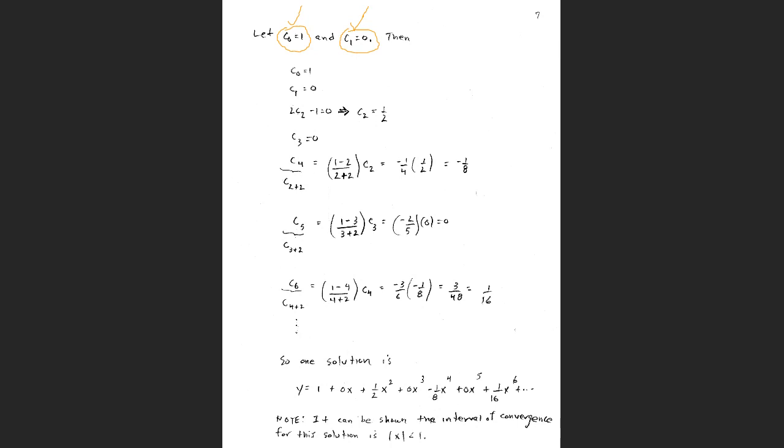And the other power series solution is going to go with letting C sub 1 equal 1 and C sub 0 equal 0. That's standard. They just need to pick values.